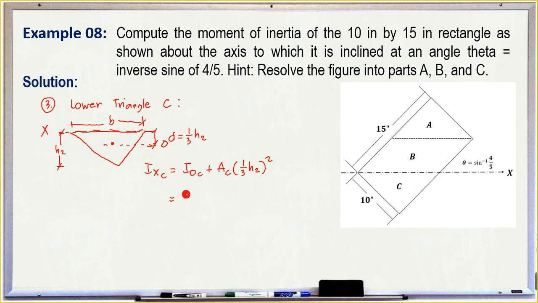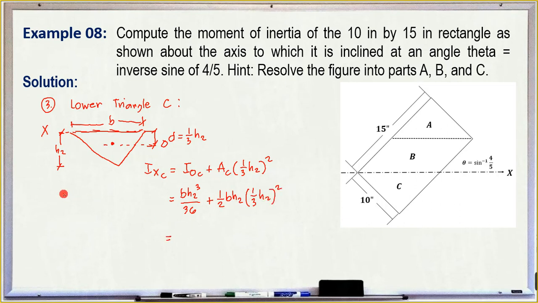Again, for a triangle, don't forget its centroidal moment is base multiplied by its height cubed over 36, plus its area, 1/2 base times h2, times (1/3 h2) squared.